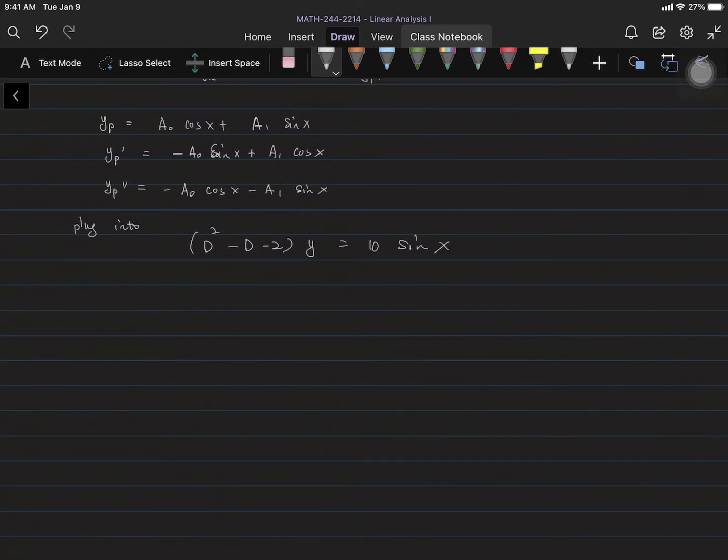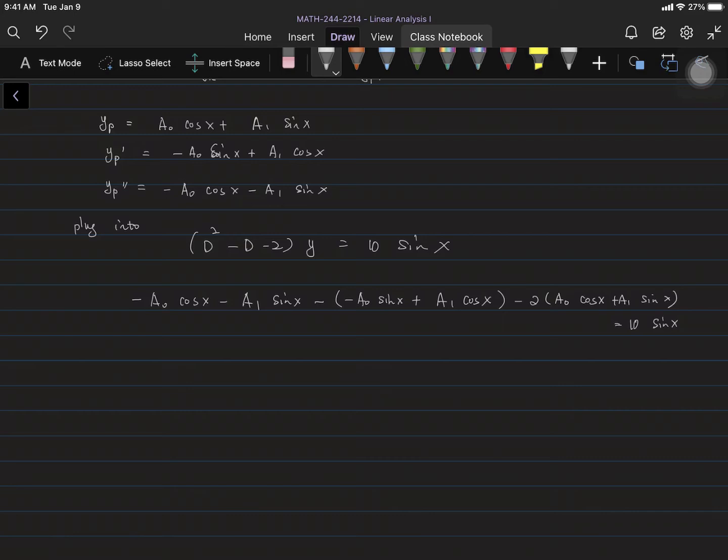Something like this. Let's see. Second derivative, copy. Second derivative, and then minus first derivative, I'm just going to put parentheses here, and then minus 2 times y, and the right side is 10 sine x.